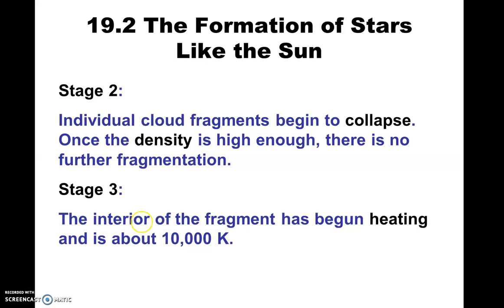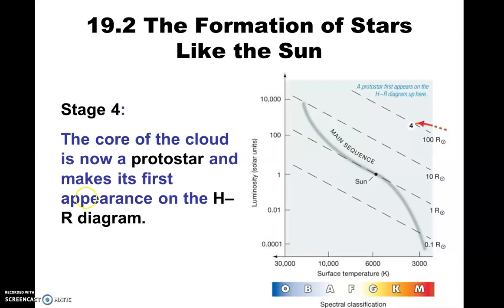They get to around 10,000 Kelvin, still nowhere near the point where they become a true star. Remember, for something to be a star, hydrogen has to turn into helium. Fusion must take place. So we're getting there, but we're only in step three.